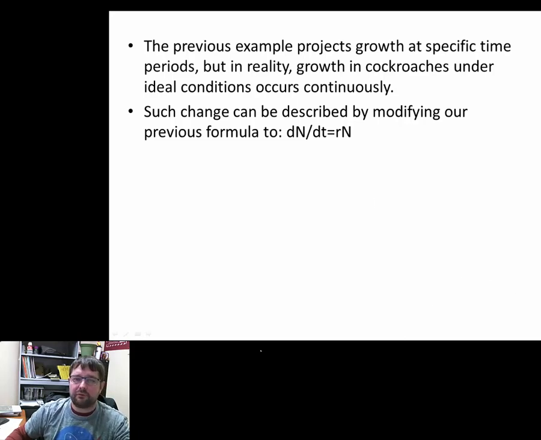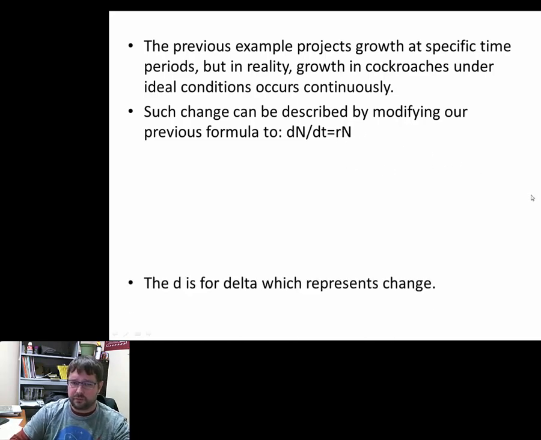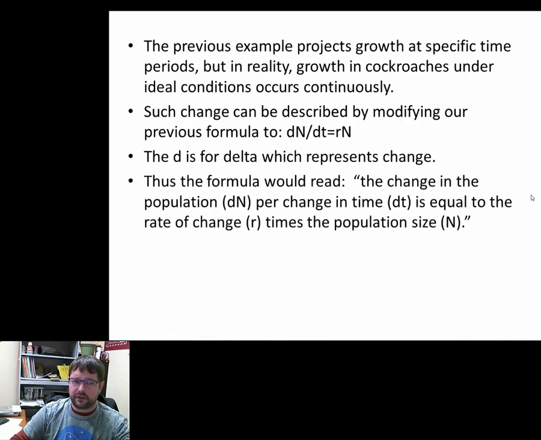To describe that, we need to just use a different formula, okay, where you're looking at delta N and delta T, or the change in population divided by the change in time, is equal to the rate, so how many offspring can you reproduce, times the original population. Okay, so again, D is equal to delta, represents change.